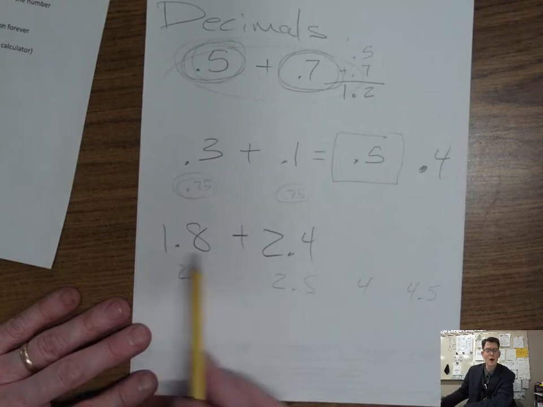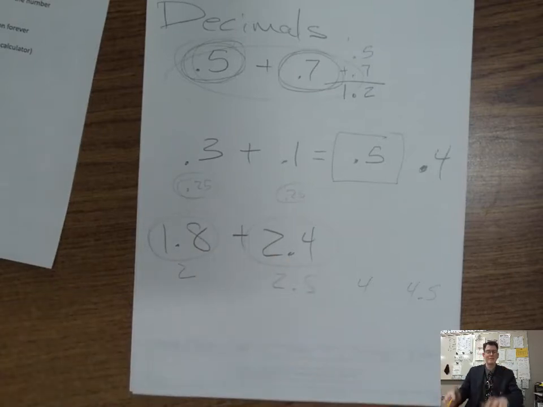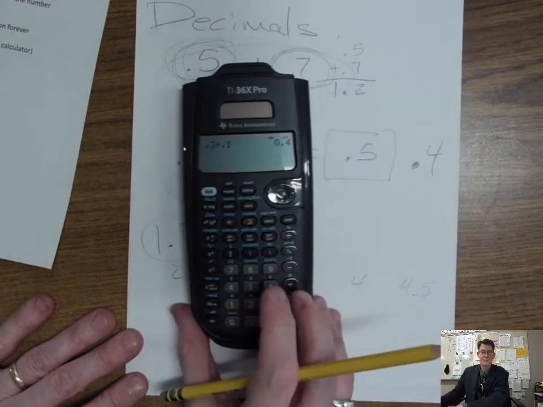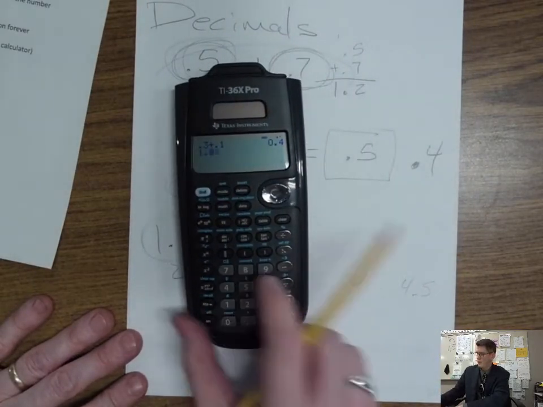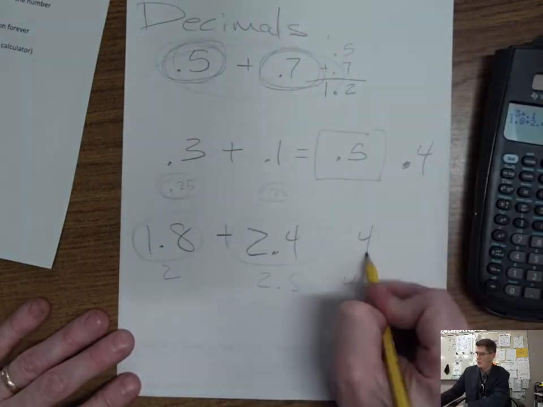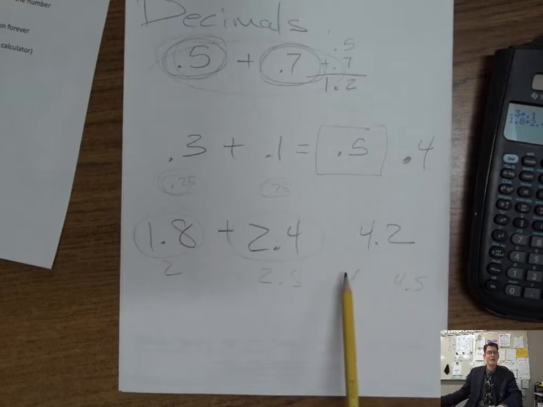Or if this is 1.5 and 2.5, you're still going to get 4. It's a matter of estimating the two numbers so you can get close in your head. When you type it into your calculator, 1.8 plus 2.4, we have 4.2. And we can see how well we're estimating by checking whether the actual number is close to what we estimated.